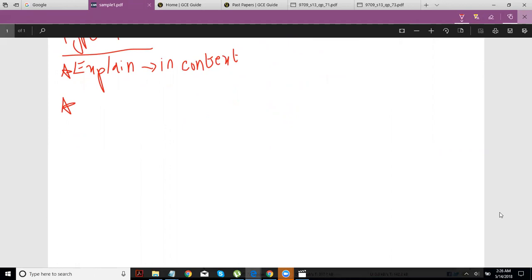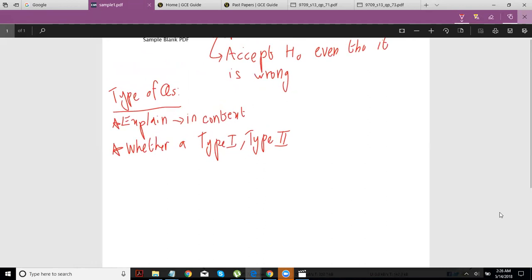The second thing that they can ask you is whether a type 1 error can be made in this particular case, or a type 2 error. And understand, type 1 errors can be made when you're rejecting your H0. Because only if you're rejecting your null hypothesis can you be susceptible to an error where you rejected it and it was right.